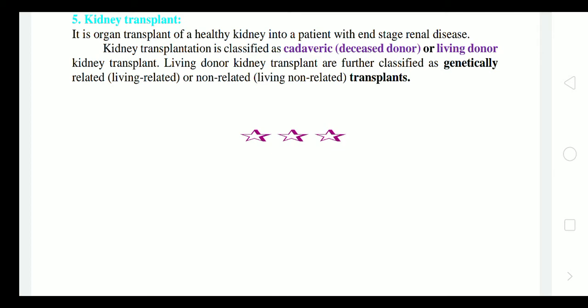Living donor kidney transplants are further classified as genetically related, that is living related, meaning a relative, or non-related, that is not in the relation. These are the types of transplants. Mostly the mother's kidneys are useful for her children.